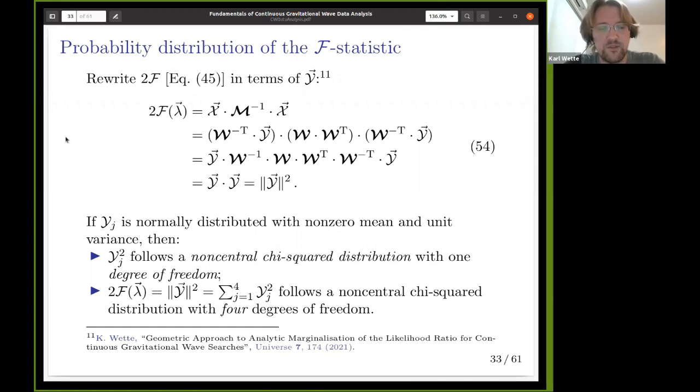The degree of freedom as a parameter basically means it's the square of one Gaussian variable. But in this case, we have 2F being a sum over the 4 Y variables, the sum of squares of those 4 Y variables, and that will be a non-central chi-square distribution with 4 degrees of freedom. Which is exactly why we often refer to the value 2F, because twice the value of the statistic has this nice property of following this distribution.